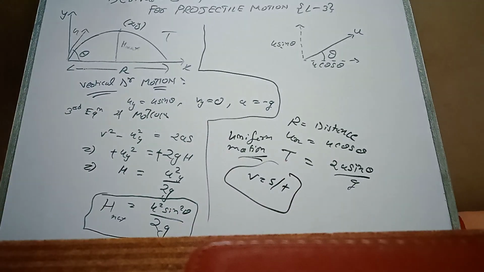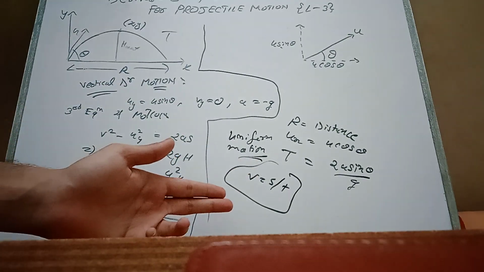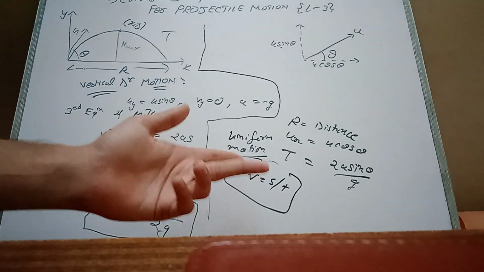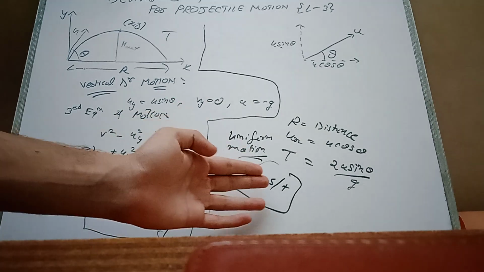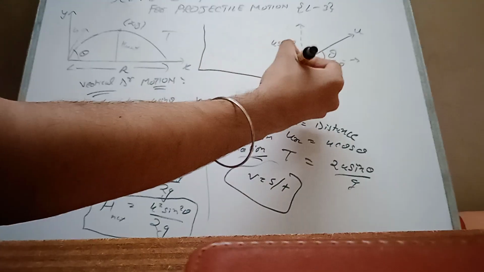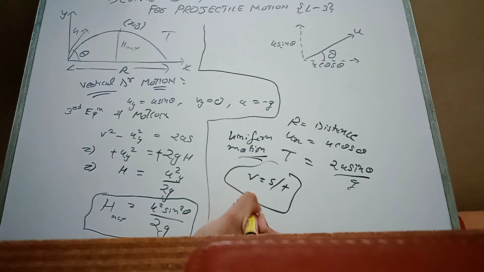Remember this formula? This is an 8th standard formula. Frankly speaking, a 6th standard formula. Speed equals distance upon time. So what's the matter here? You have to find distance, so distance equals velocity into time.